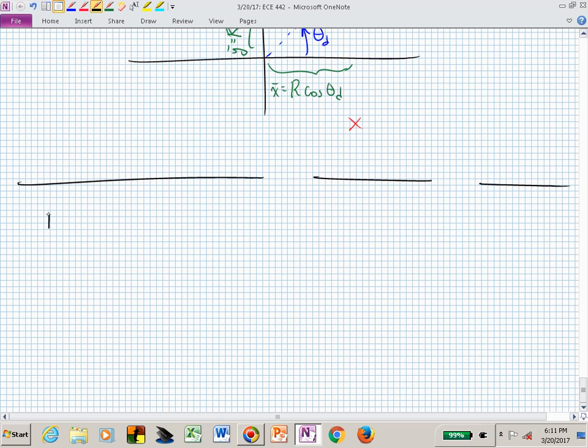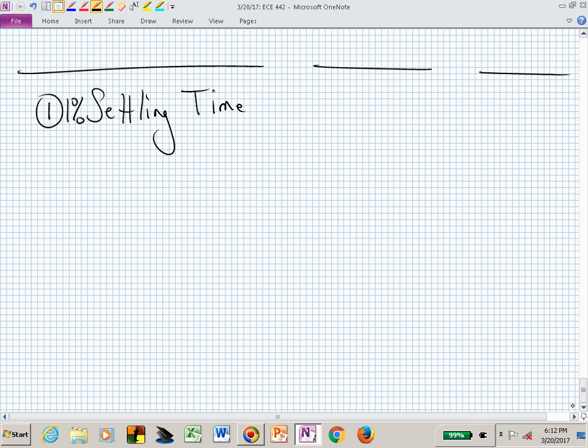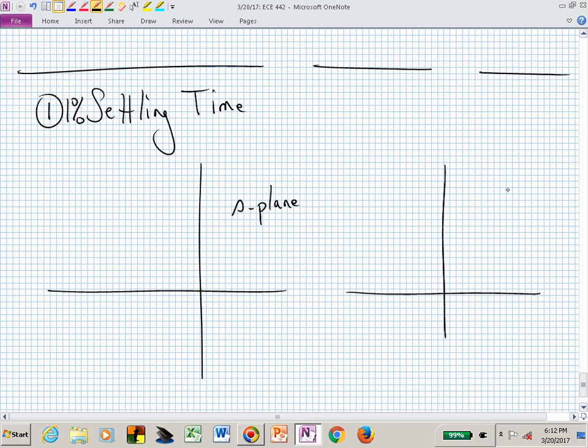Let's look at the settling time. And this is the 1% settling time. Let's make the connection. The connection is via this mapping.